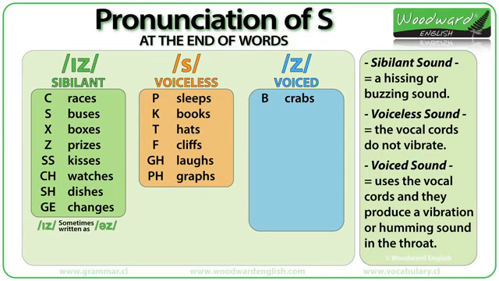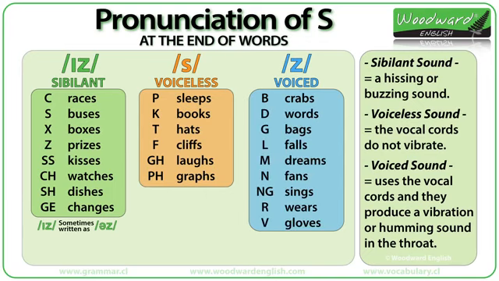So crab becomes crabs. Let's go through the list and pay attention to the sound of the final S. Crabs, words, bags, falls, dreams, fans, sings, wears, gloves. They all end in a Z sound.